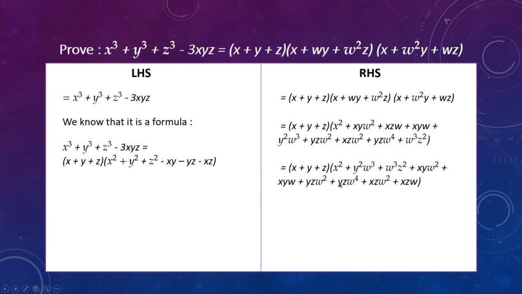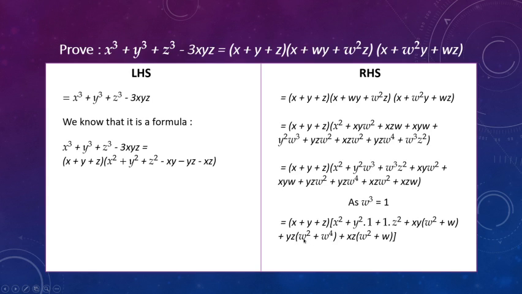We will write both the values of yz and omega. Next we will take yz common, we will have omega square plus omega 4, and then we will take xz common and we will have in bracket omega square plus omega.